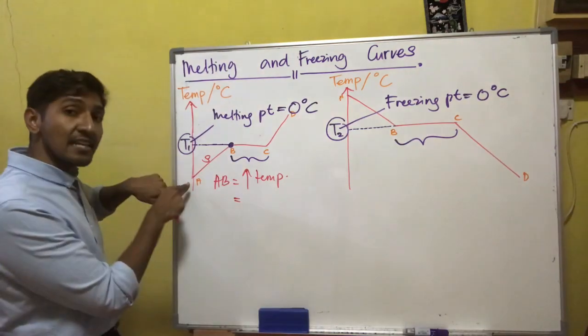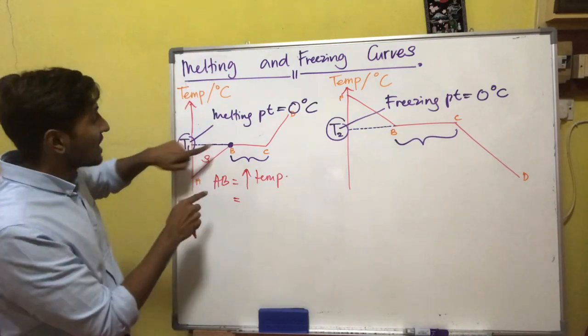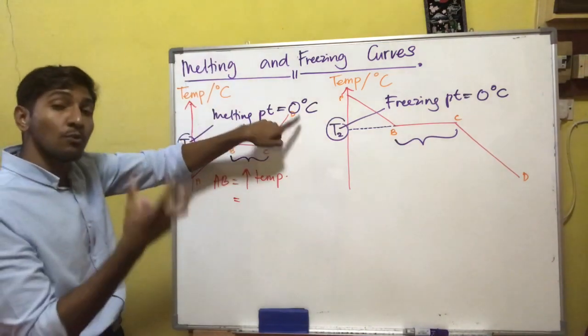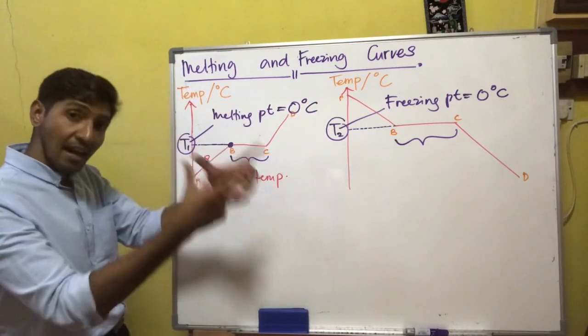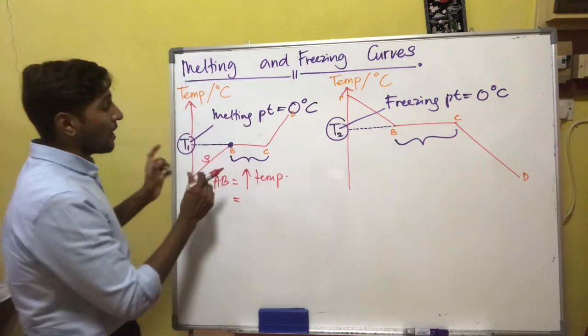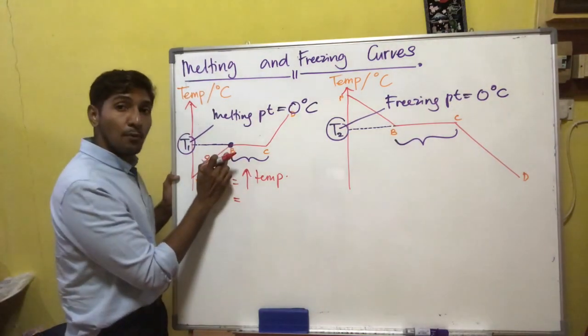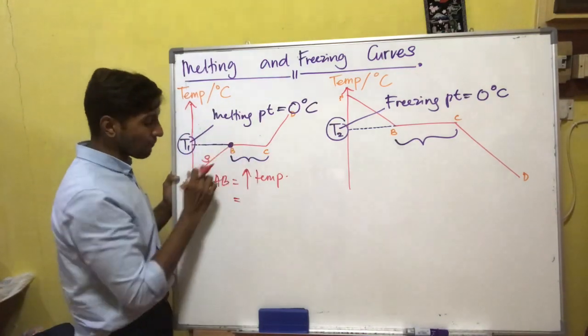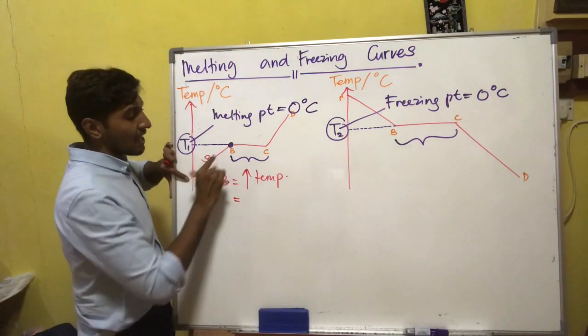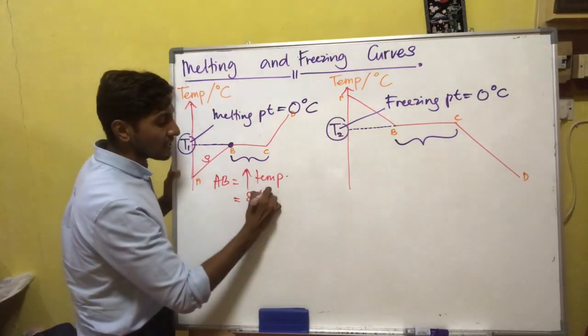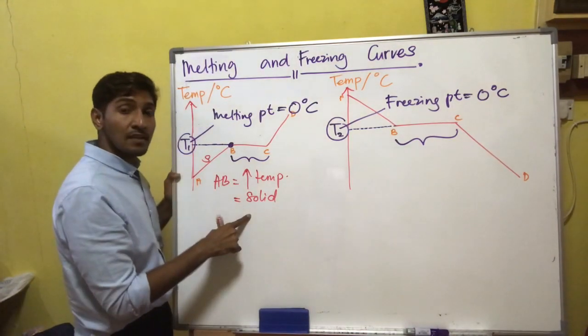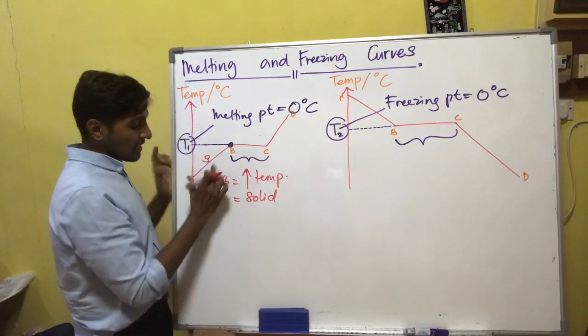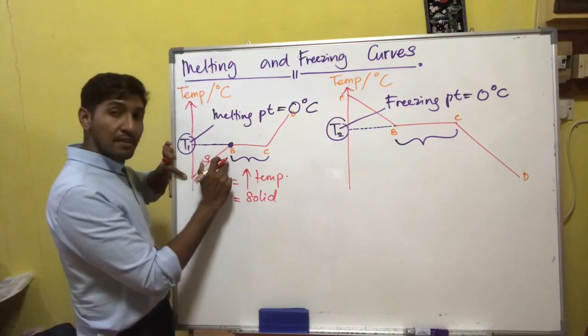It is still ice, but it hasn't reached 0 degrees Celsius, so it continues being ice cubes until the point of B, where it reaches 0, and only then does it start turning into liquid. Therefore, the whole journey of A and B is only solid. So there is only solid in between A and B.